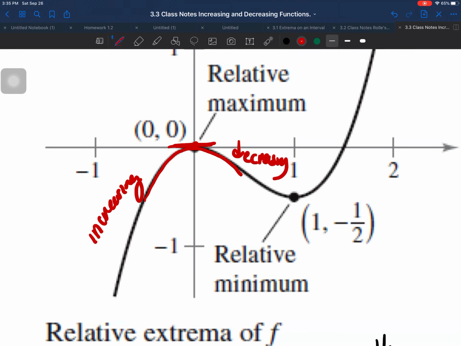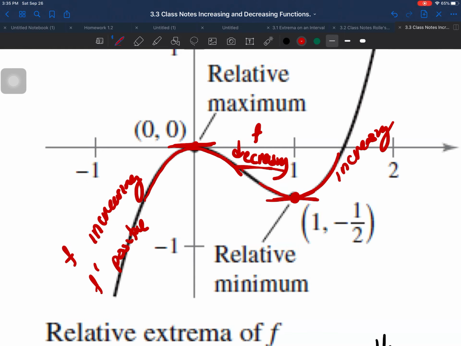Versus if you switch the order and you say decreasing, followed by a critical number, followed by increasing, then what you have found is a relative min. Now, how do we translate this to what we were doing before? Well, remember that f is increasing when f prime is positive.